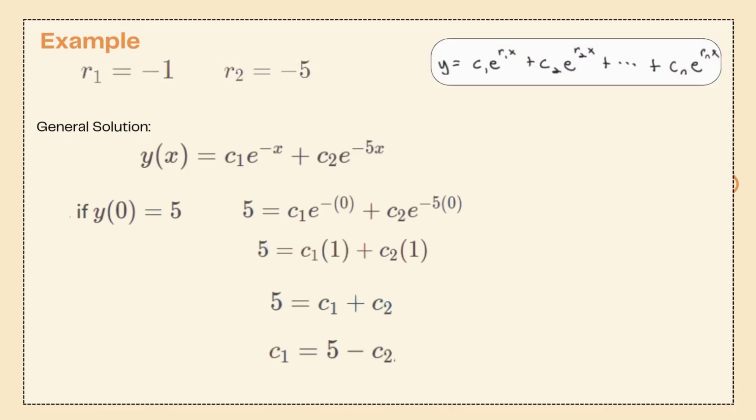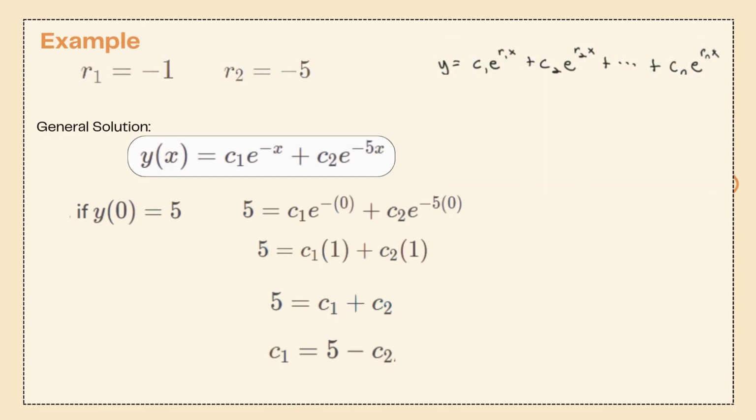We're going to use the general solution, which is y of x is equal to c sub 1 e raised to negative x plus c sub 2 e raised to negative 5x.